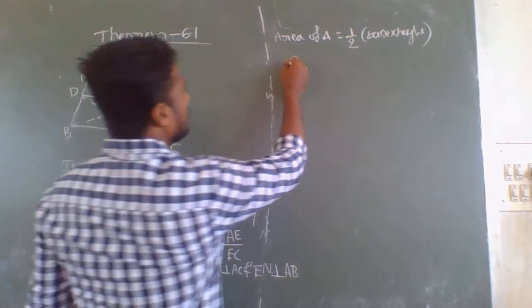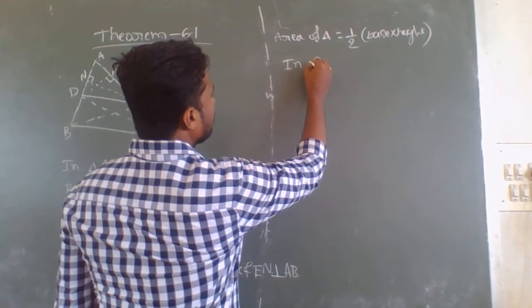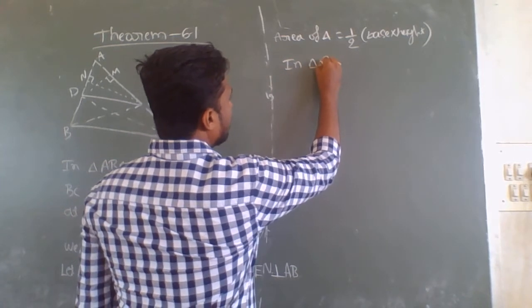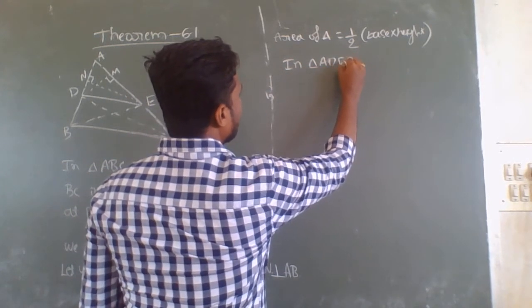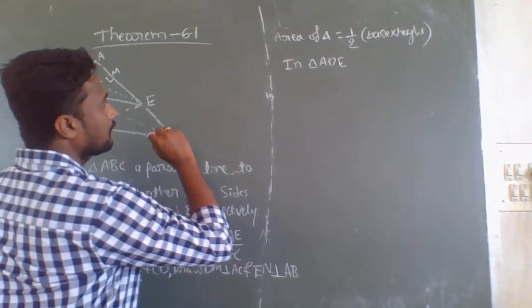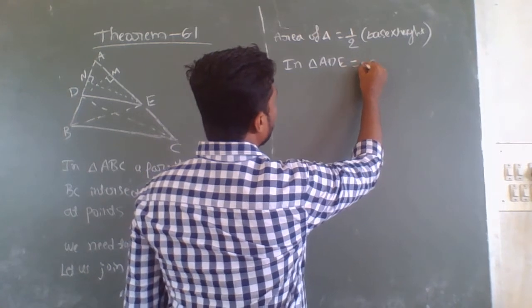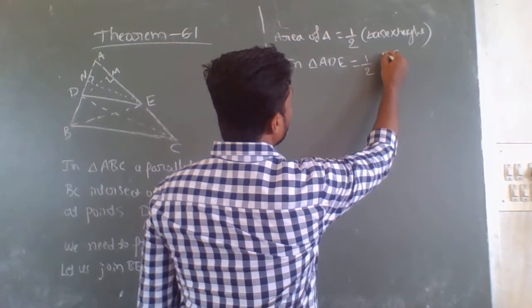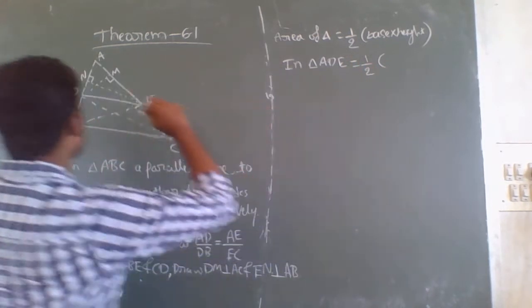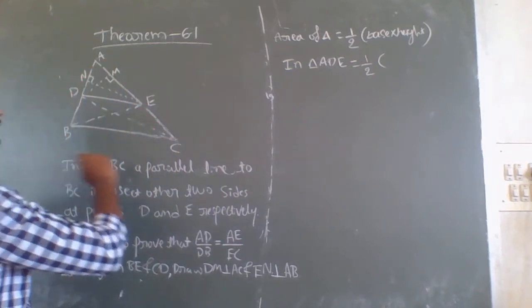Therefore, in triangle ADE, what can we write here? One by two base, I will consider as AD.